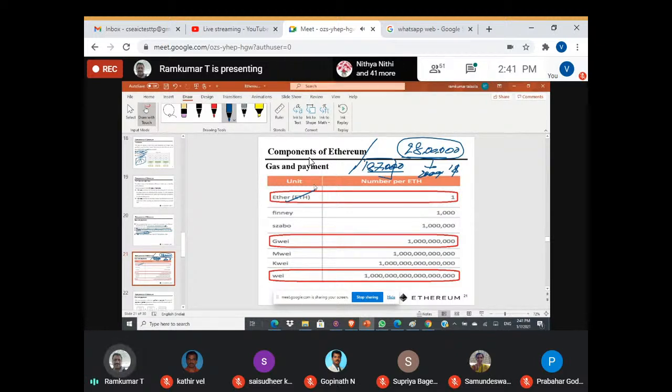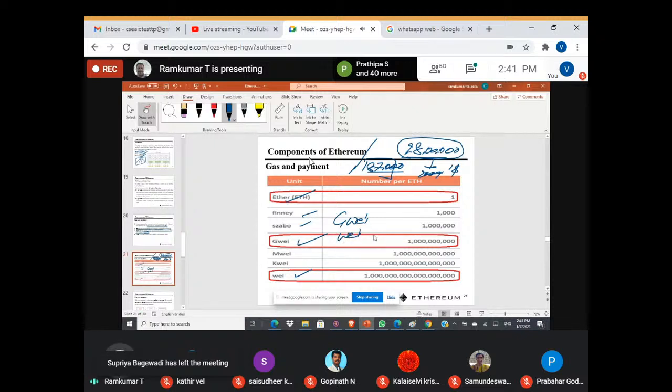No. Even 25 paise has been wiped off from the market, and we are barely able to see 50 paise. In ether there are a few parts also, but I'm going to focus mainly on Gwei and Wei.